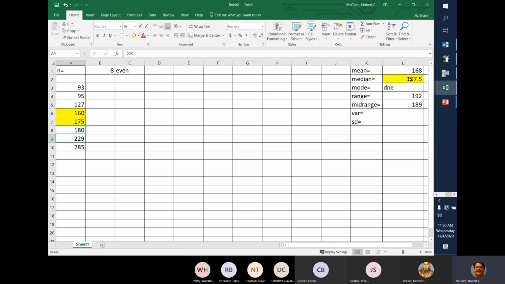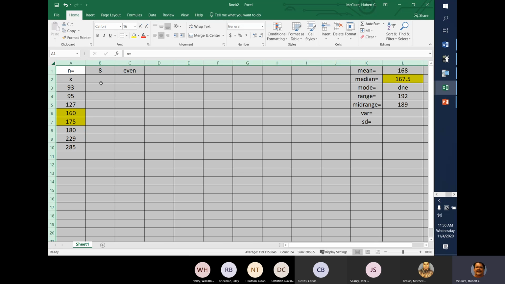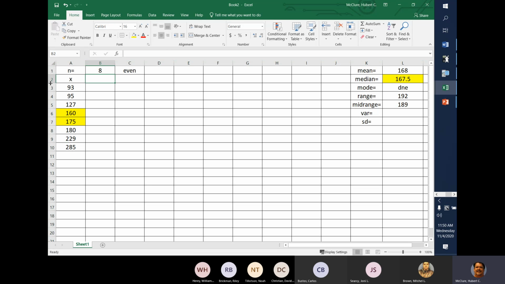Okay, so I've got to subtract that mean from each one of these grades. And I'm going to go ahead and put X right here. And this is going to be X minus X bar.